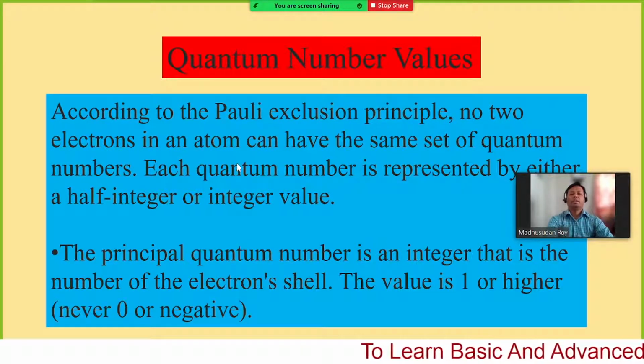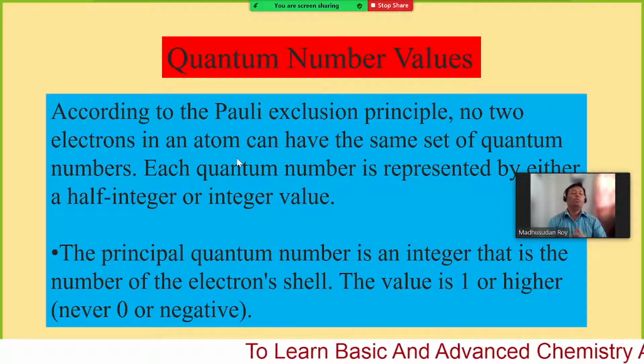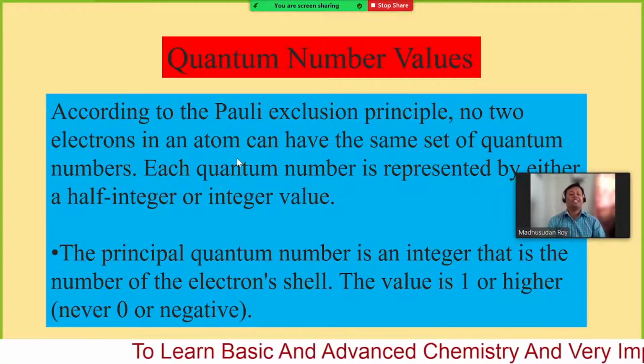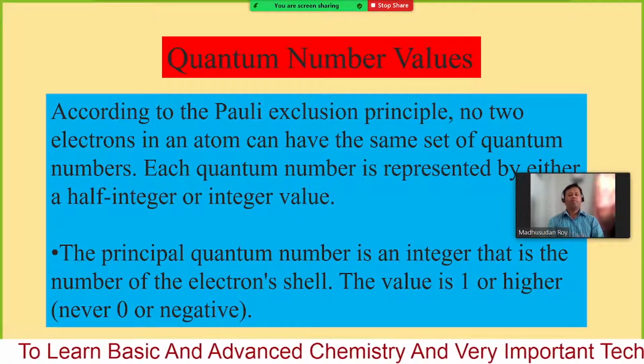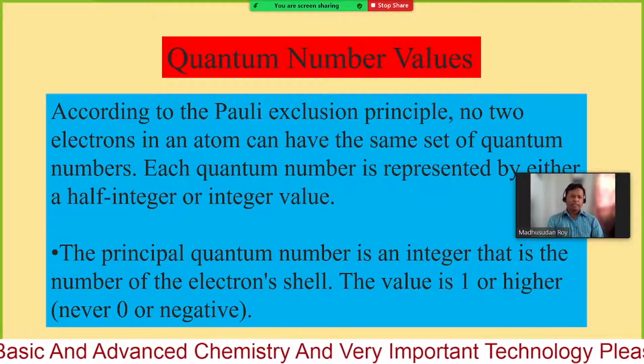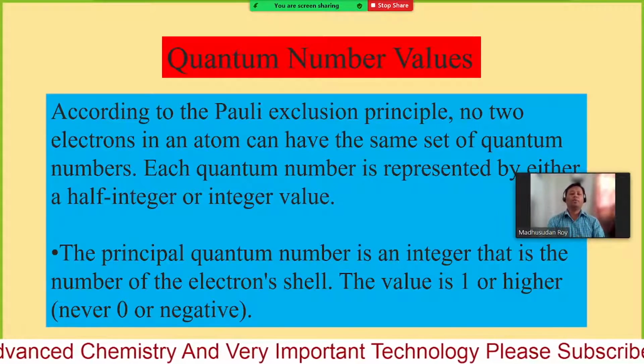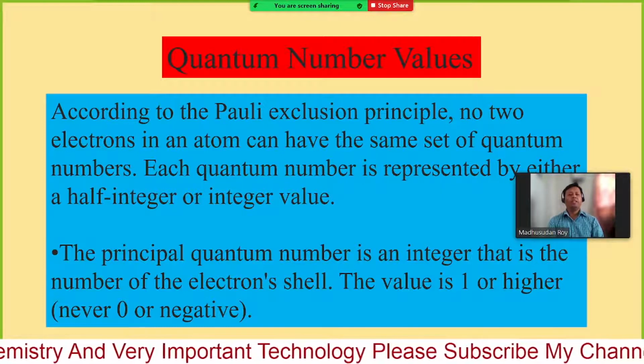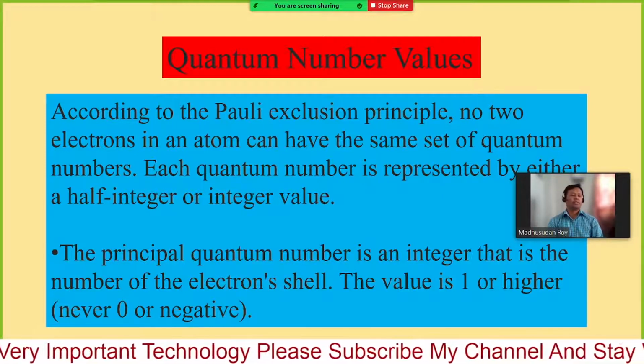From Pauli's exclusion principle, which you may be familiar with, no two electrons in an atom can have the same set of quantum numbers.